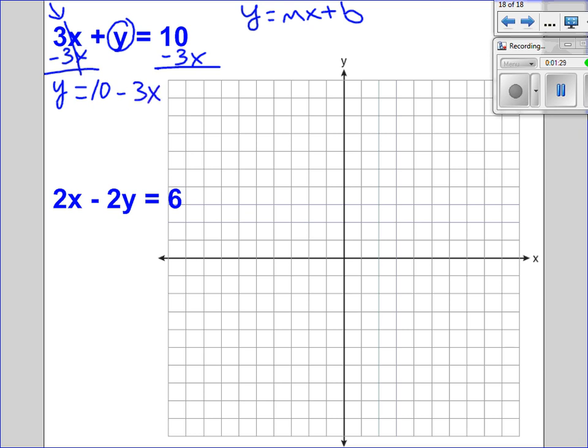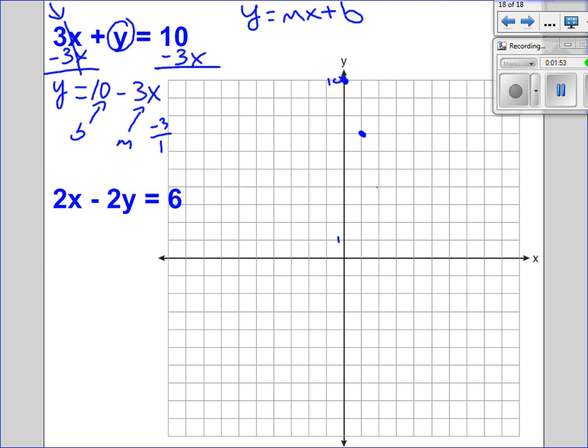We have a y-intercept, that would be right here, and we have our slope. So, I'm going to start on the graph. 1, 2, 3, 4, 5, 6, 7, up to 10 right there. The y-intercept was 10, that's where I'm starting. The slope is negative 3, so I can rewrite that as negative 3 over 1. Down 3 over 1.